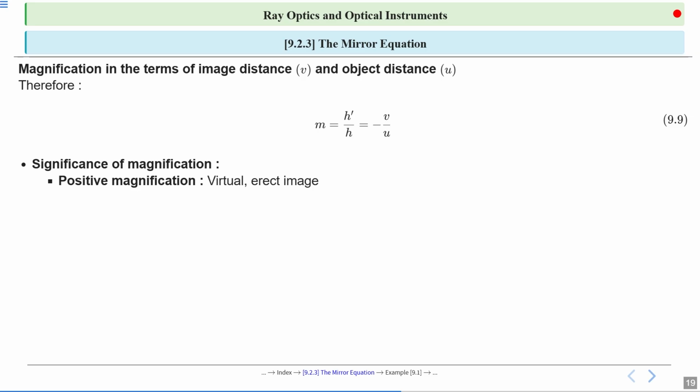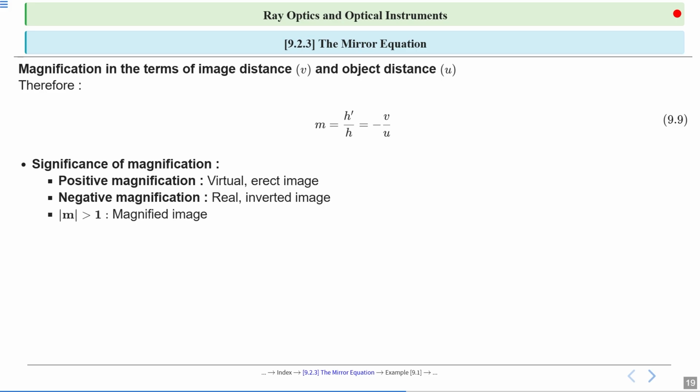Means if the object is above the principal axis and the image is also above the principal axis, that means the image is virtual and erect, and that image will be formed behind the mirror, not in front of the mirror. And negative magnification means image is inverted, and inverted image means image is real. If it is formed in front of the mirror, it is inverted, that means it is real.